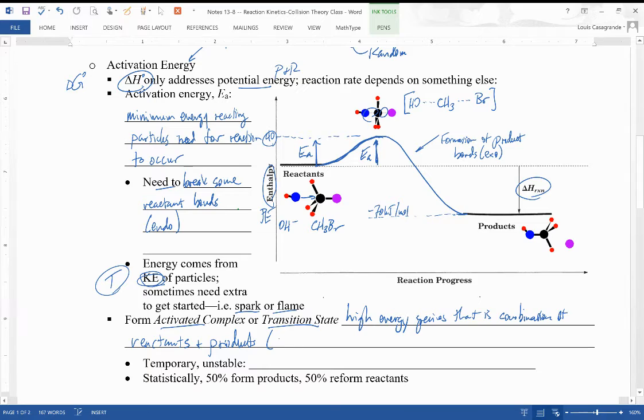And again, we're breaking reactant bonds, and that's the endothermic part, and we're forming product bonds, and that's the exothermic part.